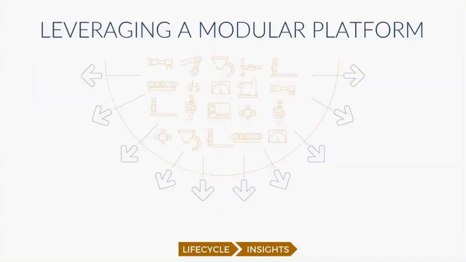So let's talk a little bit more about how that works. In the middle, you have a modular platform, and you can combine different modules to create custom equipment. So what we actually have here is we're increasing variability, yet we are also increasing reuse along the way.